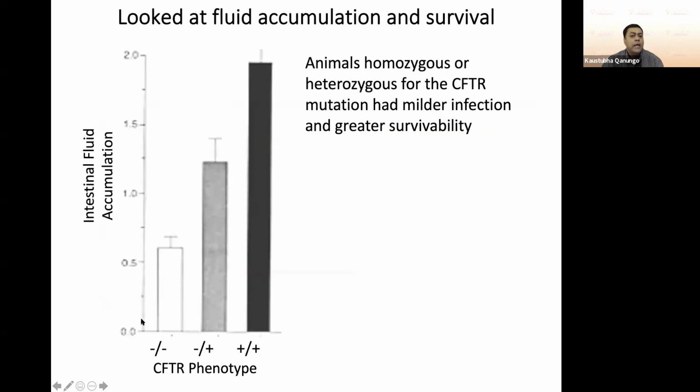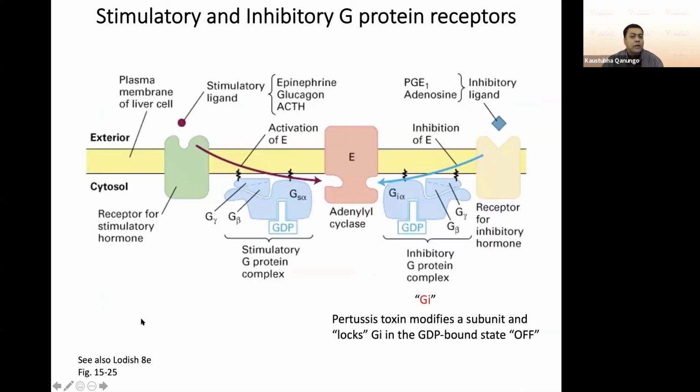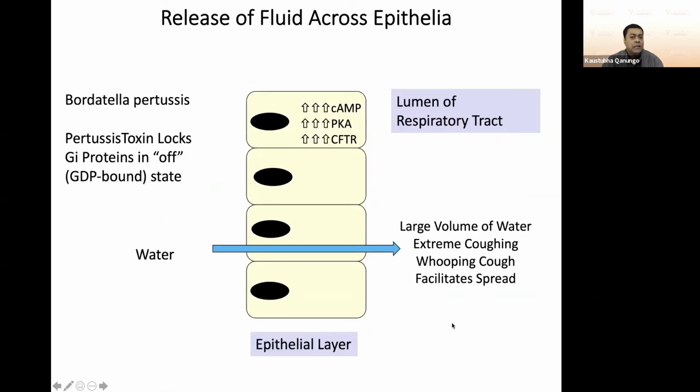When we go into the next one, which is pertussis, remember that it is the same thing, but instead of your intestine, we are going into the lumen of the respiratory tract. So here, the pertussis toxin keeps the G protein constantly off, GDP-bound, but it is still making a high amount of cAMP.